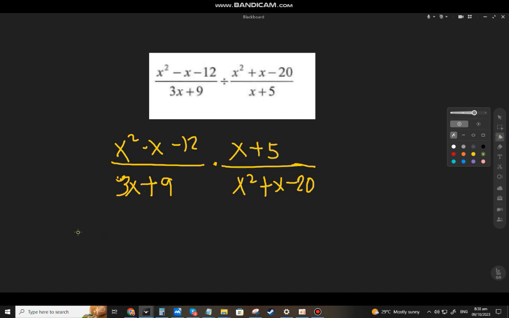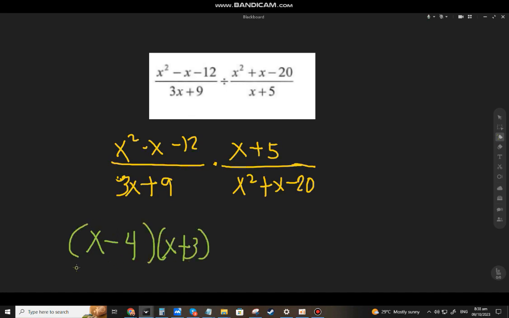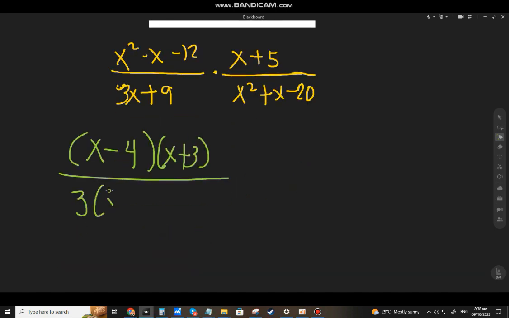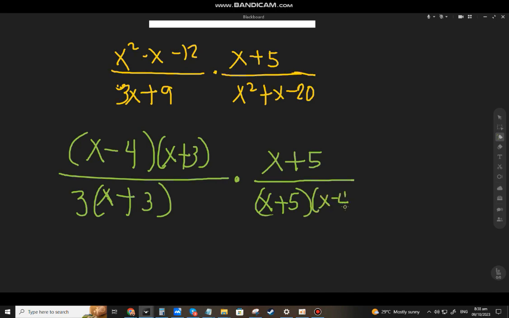So x squared minus x minus 12 will be like in the example a while ago. And 3x plus 9 will be just simple monomial factoring, and multiply it by x plus 5 over x plus 5 times x minus 4, because 5 times negative 4 is negative 20, and 5 minus 4 is positive 1. Now we're going to cancel it.